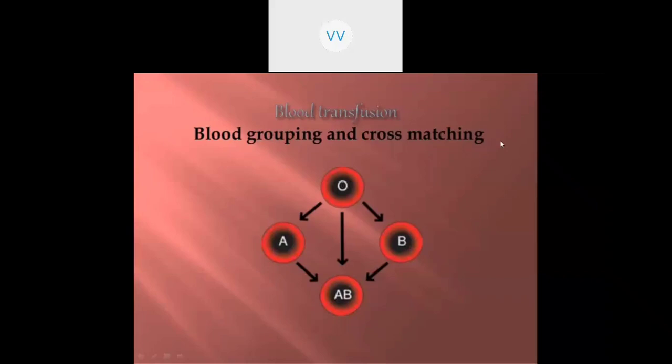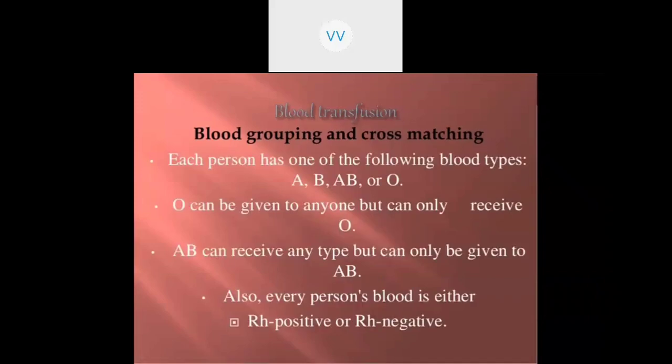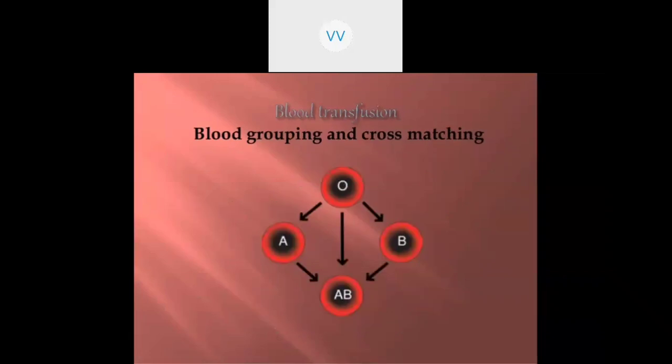Next, see, this is the four main blood grouping and cross matching. A, O, AB, B. See, this is about blood grouping and cross matching. There are so many types of blood group.